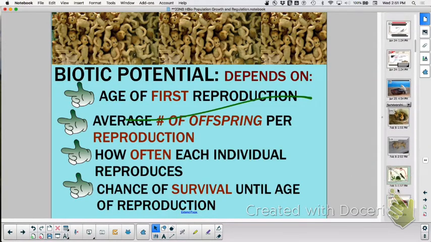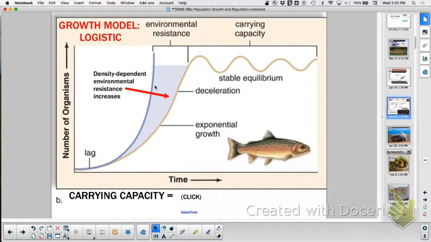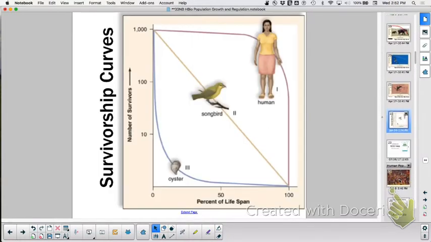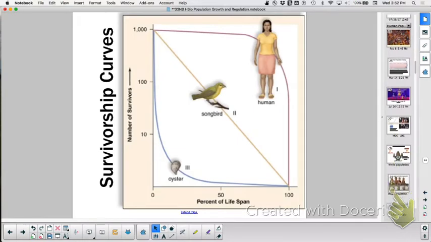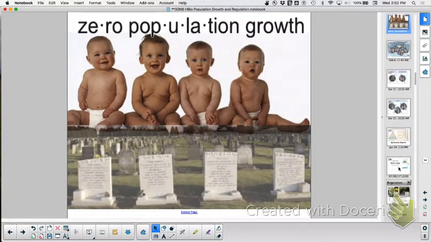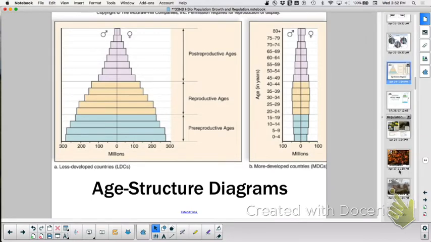Okay. Here you can see both the J-shaped curve in blue, S-shaped, and carrying capacity right along here. Survivorship curves, we have discussed that, so that should be a review. Zero population, number of births equals the number of what? Deaths. Age structure diagrams. You know the difference between them.